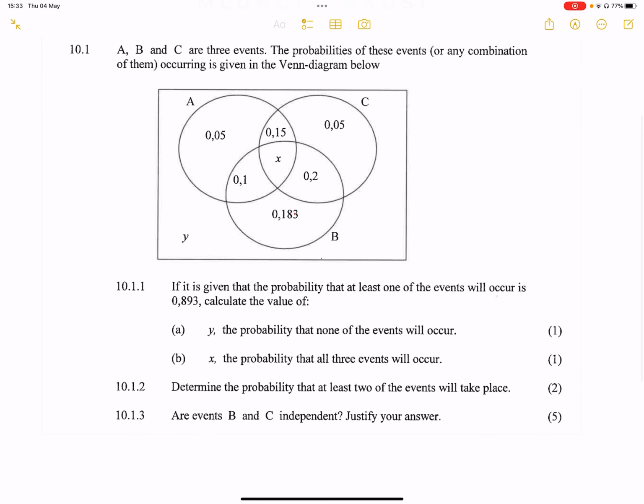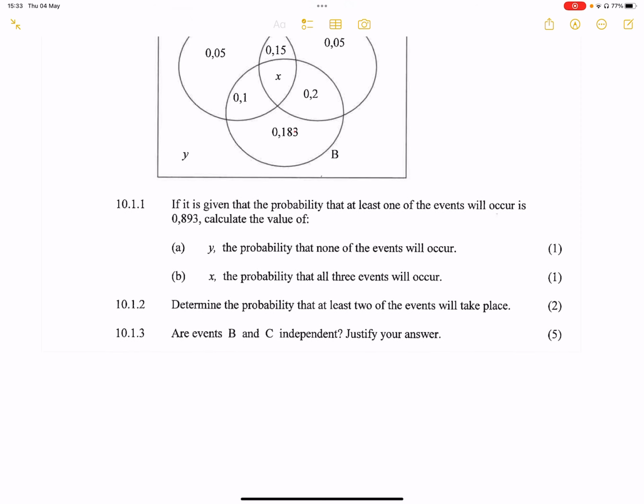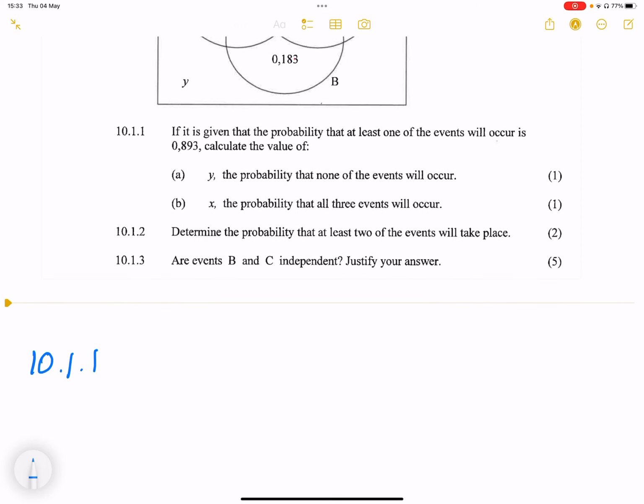So they say calculate y, the probability that none of the events will occur. So what are the chances that we will have none of the events occurring? In this case, I want you to note that they had told us that 0.893 is the probability of at least one of them happening.